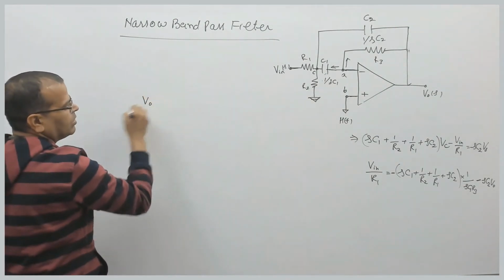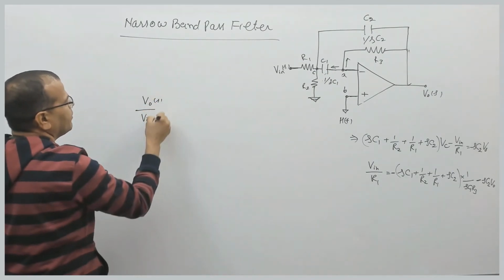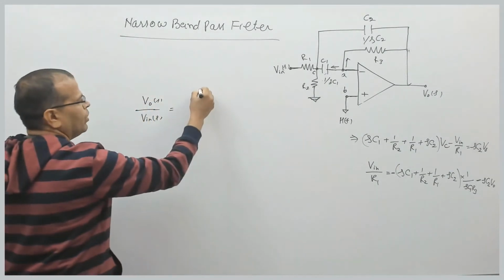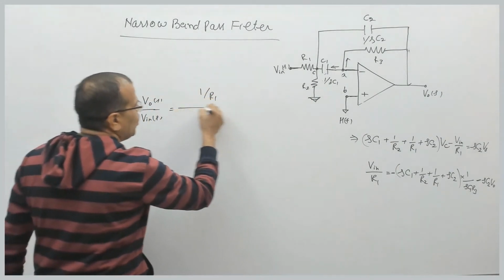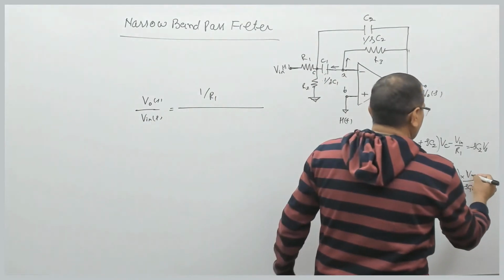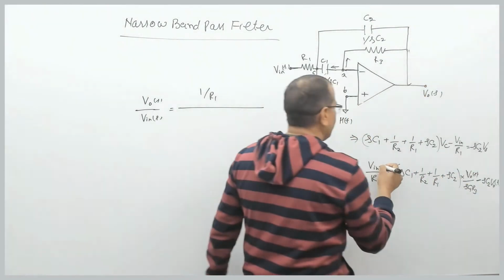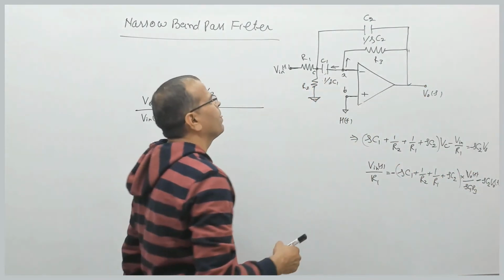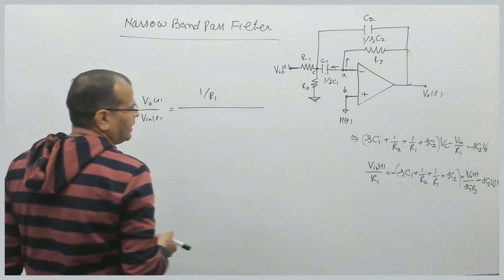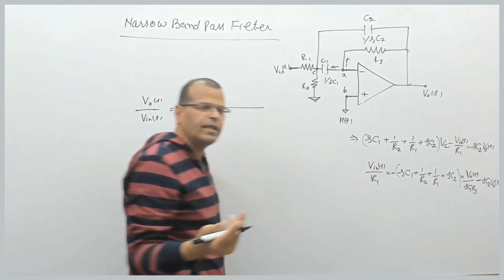V0 by Vin. I can write that as a function of S equal to what? That is 1 by R1 whole divided by, this is V naught here. I'm sorry, this is V naught of S, that is function of S. Everywhere you can simply write Vin and V naught as function of S, right? So here also you can write function of S.